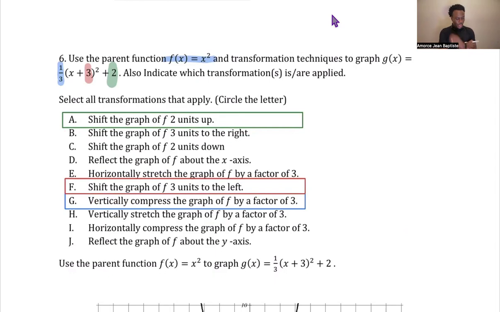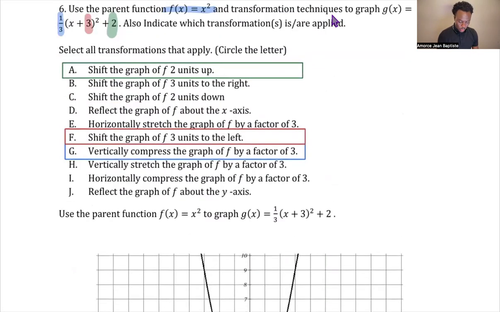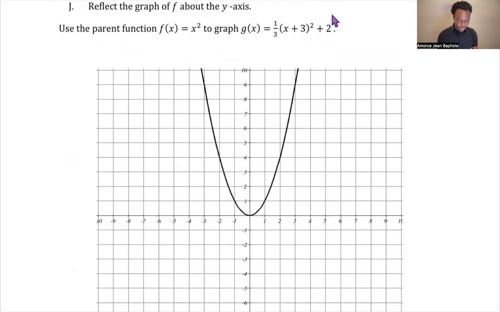Okay. And then we're going to quickly work with the graph. The parent graph is already given to us, makes life easier. We type the transformed function in the calculator. And then what we get for the table is, for 0, we get 5.